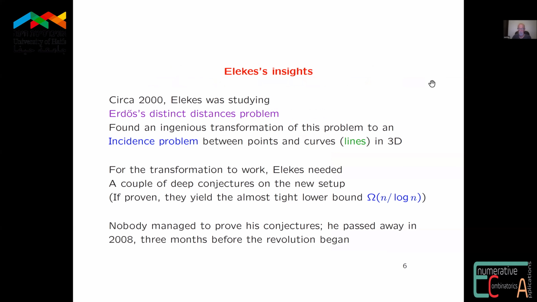For the transformation to yield the bound that he was after, he needed several very deep conjectures that neither he nor anybody else could prove. If they were true, they would yield an almost tight lower bound of n over log n, as opposed to n over root log n, which is what Erdős conjectured. But nobody managed to do it, and he passed away out of excessive smoking, by the way, which is sad, only a few months before things started to happen.